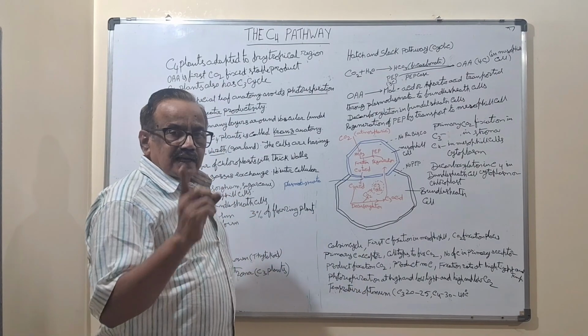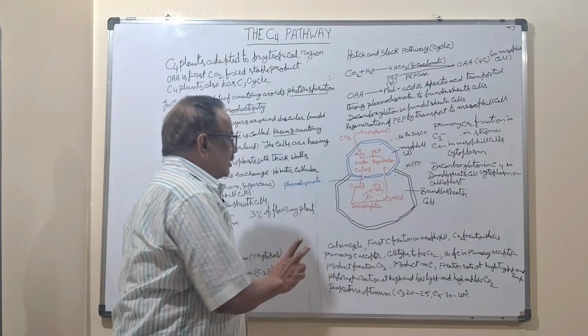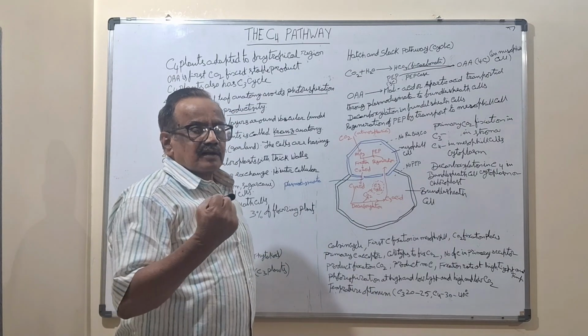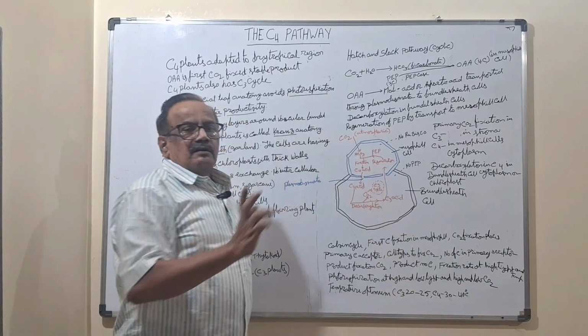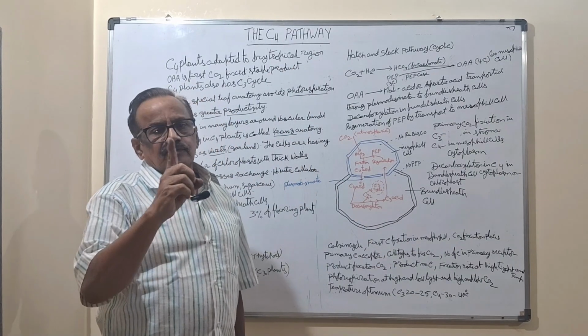So the Calvin cycle will be in the bundle sheath cell, and the C4 cycle absorption, C4 we are calling, will be in the mesophyll cell of the C4 branch.